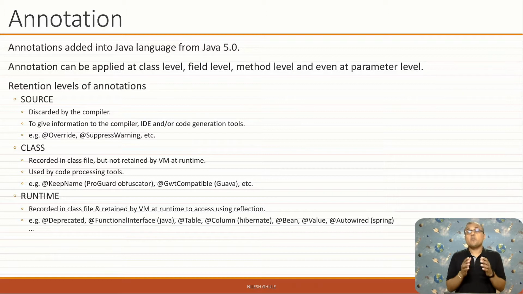And third, the most commonly used annotation type is runtime annotation. These annotations are present in the .java file, compiled and added into the .class file. Also, they get loaded along with the class into JVM memory and maintained there throughout execution of the program.